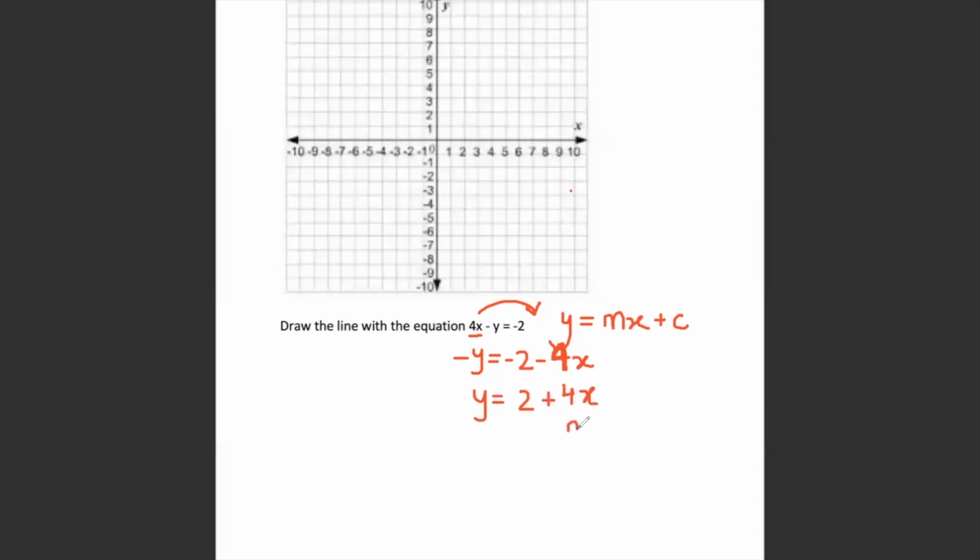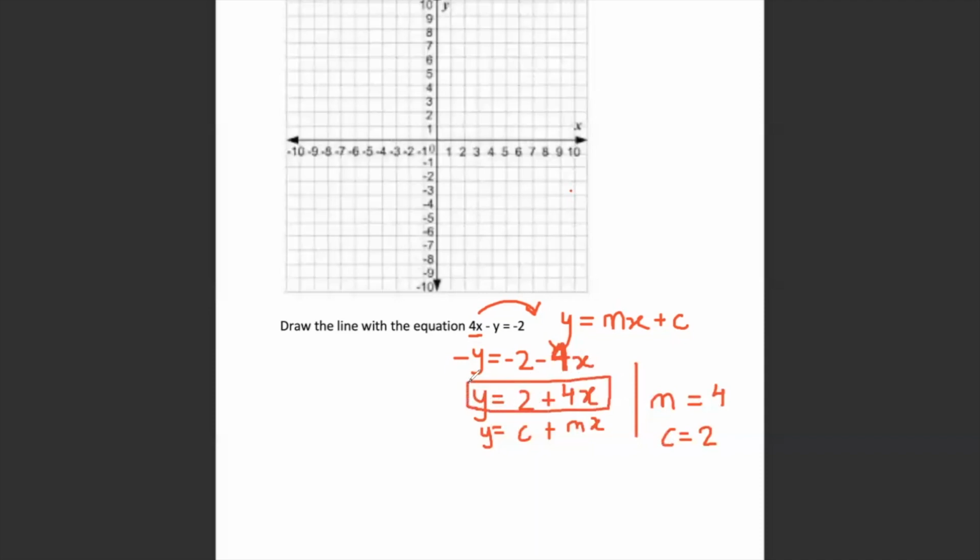Here, this is our mx, and that is our c there. So m is 4, and c is a 2, right? Okay, so this is our equation.